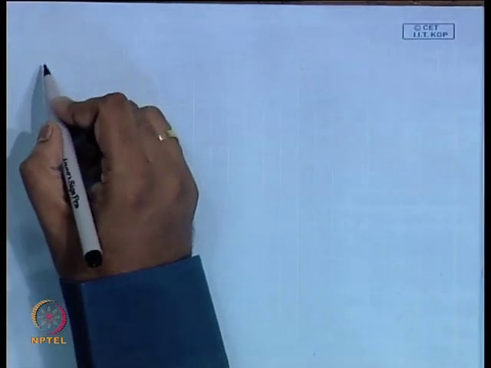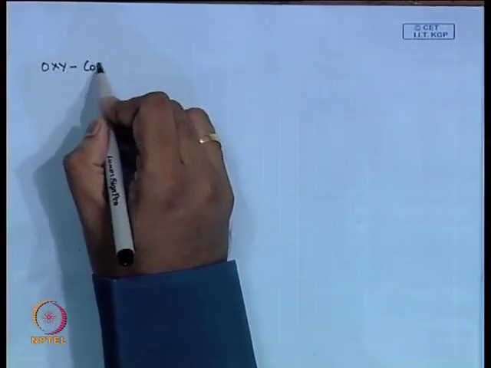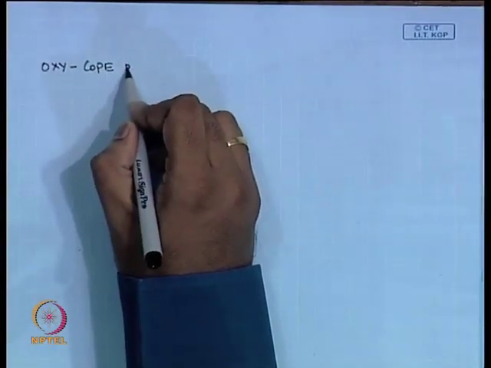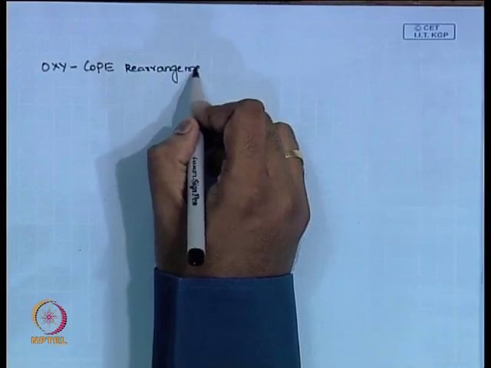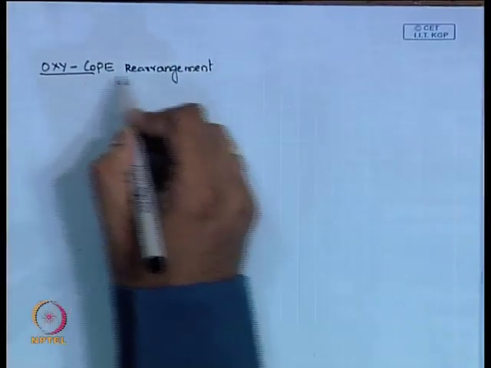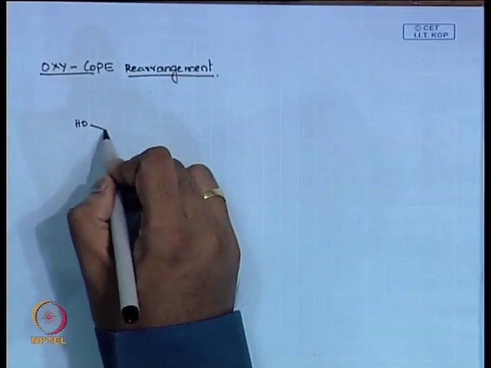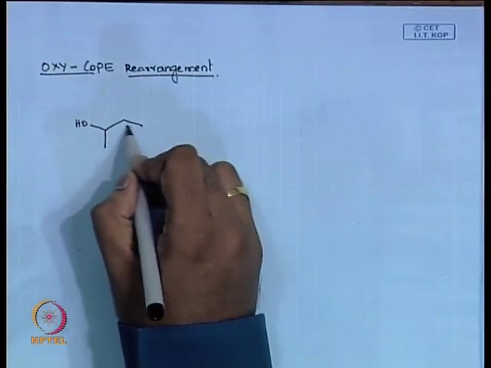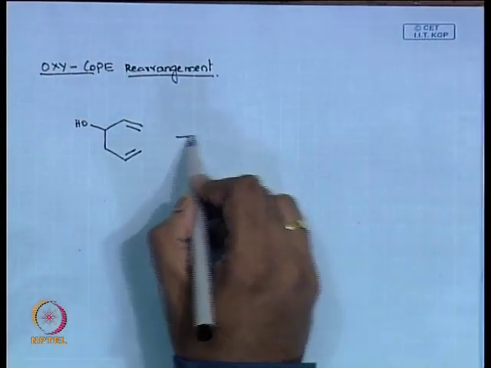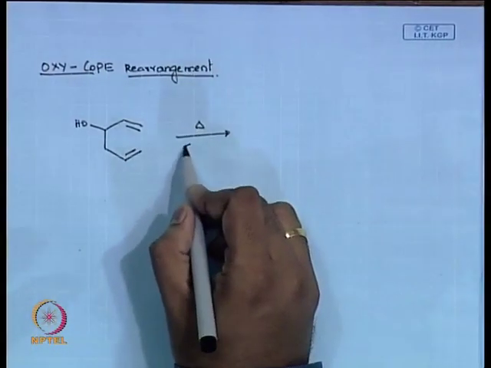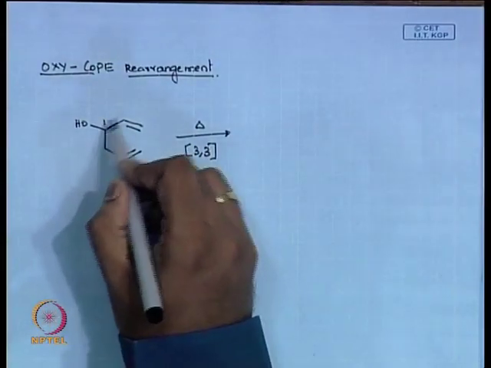Then the important modification of Cope is your Oxy-Cope. Oxy-Cope: if you take this simple alcohol, you can do heating, it undergoes a 3,3, so 1, 2, 3.